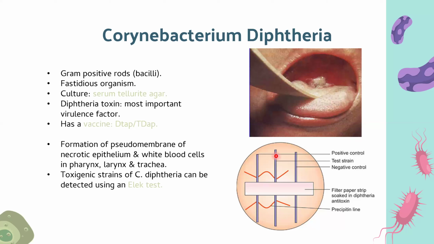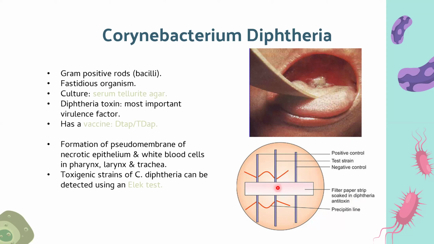And then I'm going to have my actual test strain that I want to be able to determine. Is this toxigenic? Is it non-toxigenic? If it isn't toxigenic, nothing happens. It's going to look like this negative control. But if it is toxigenic, I'm going to have this projection, this V type of appearance here, due to the antitoxin that is present.